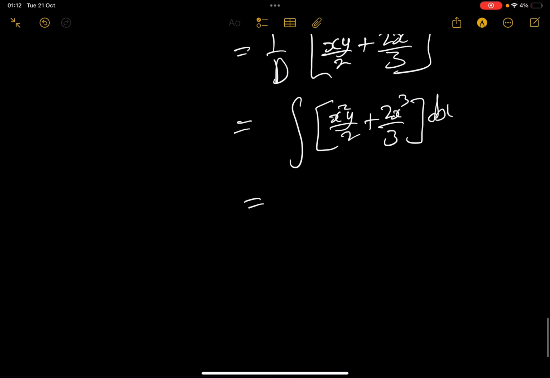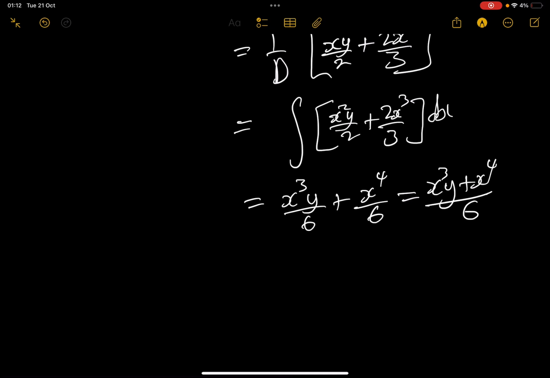So if we integrate with respect to x, this is going to be x cubed y over 6 plus x to the power 4 over 6, which is x cubed y plus x to the power 4, all over 6.